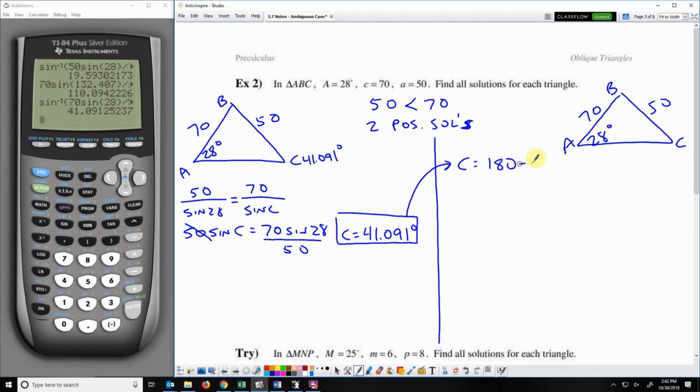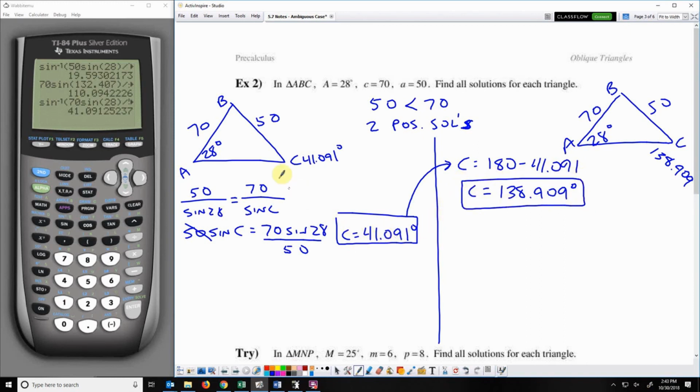So that means 180 minus 41.091, and that is 138.909 degrees. So that is the other possibility for angle C.